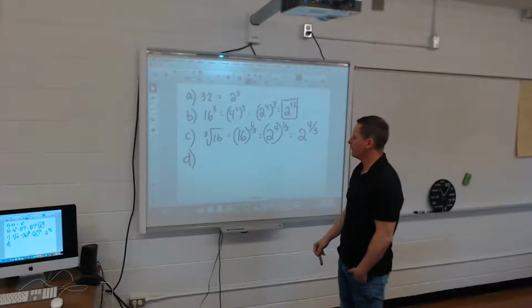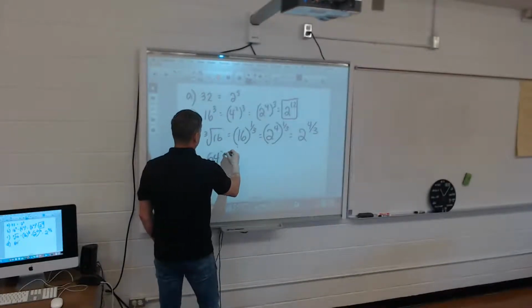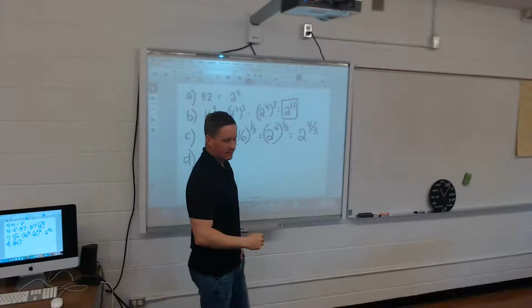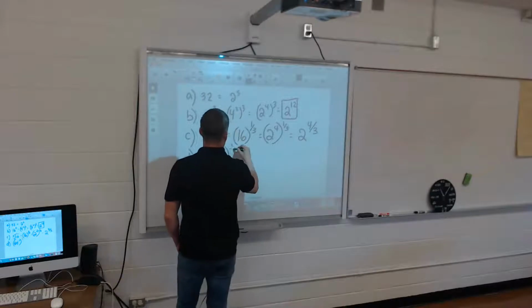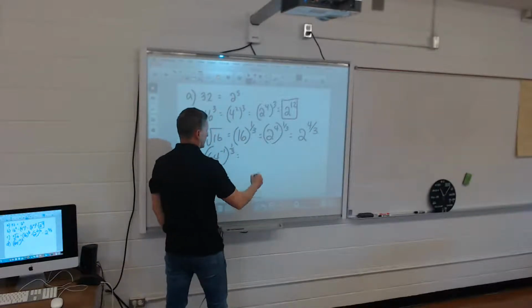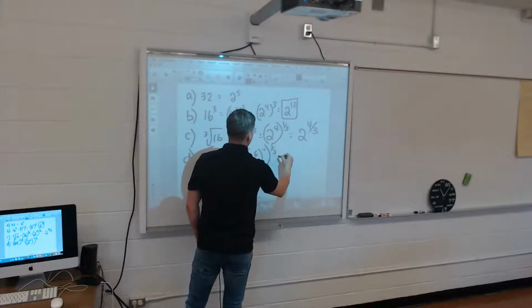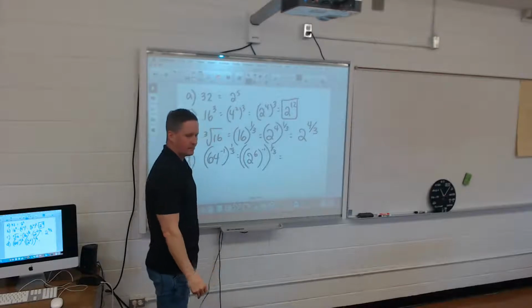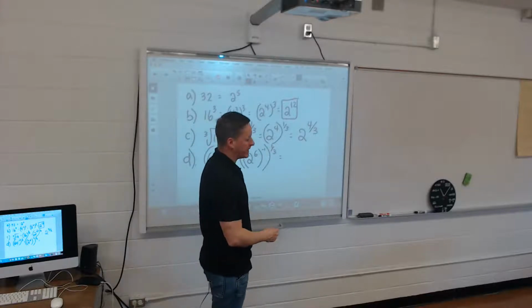1 over 64 is like saying 64 to the negative 1, to the exponent 1/3. So that is 2 to the 6 to the negative 1 to the 1/3. So that's 2 to the negative 2. I multiply: 6 times negative 1 is negative 6.